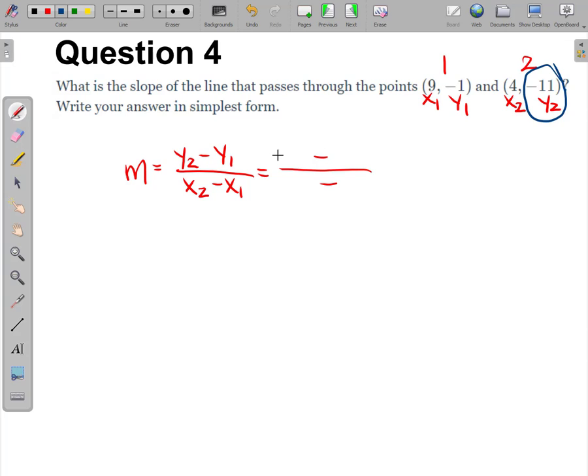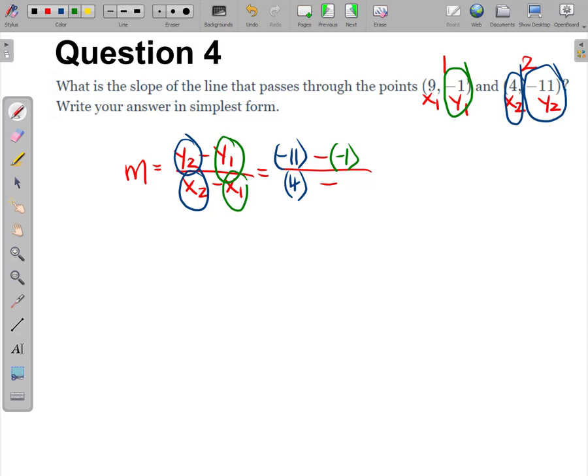My y sub 2 is -11. Got that right there. My x sub 2 is 4. Switching over to green, my y sub 1 is -1. And then my x sub 1 is 9.